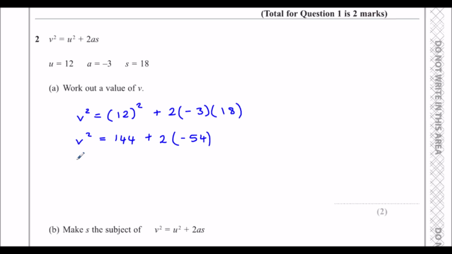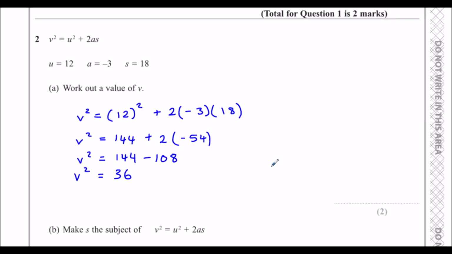Then we'll do 2 times -54, which is a negative, and it's double 54, which is 108. So we've got 144 take away 108, take away 100, that's 44, take away 8, 36. So v squared is 36.